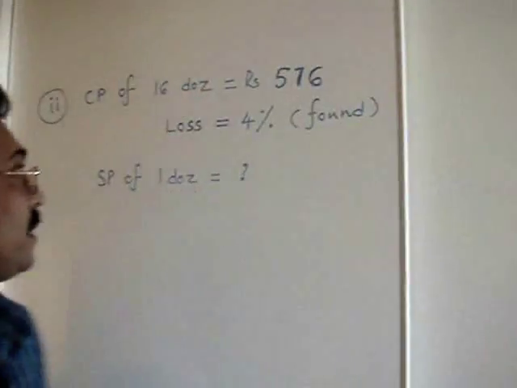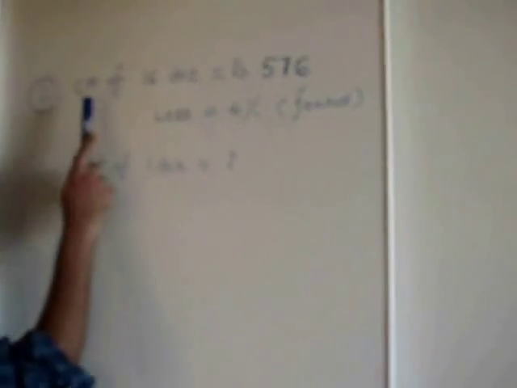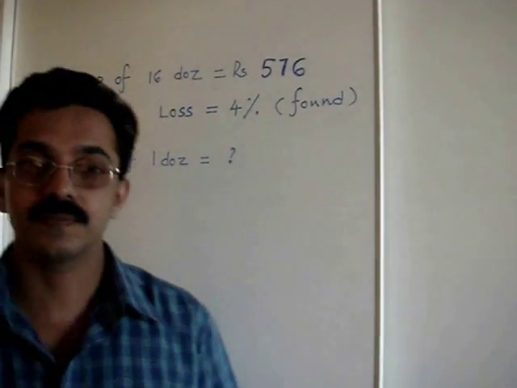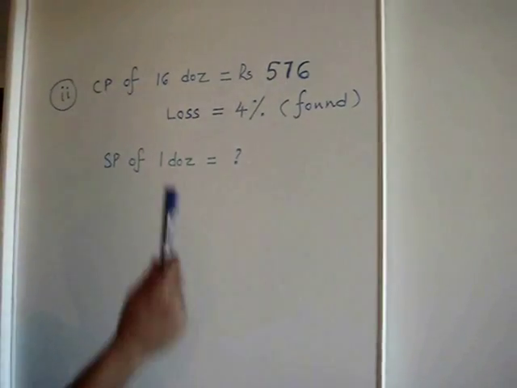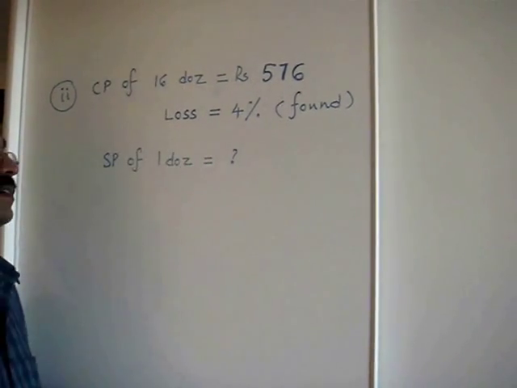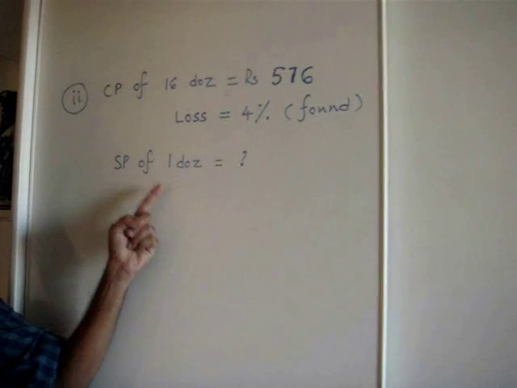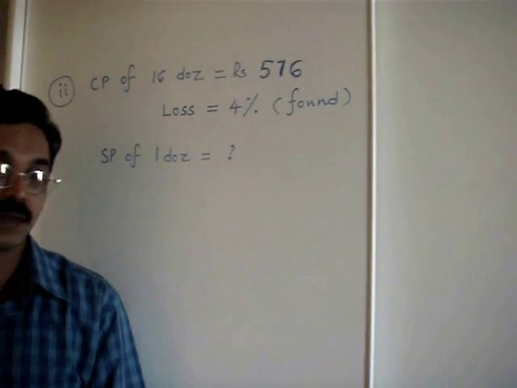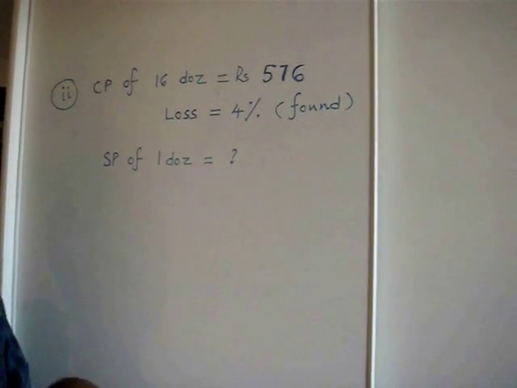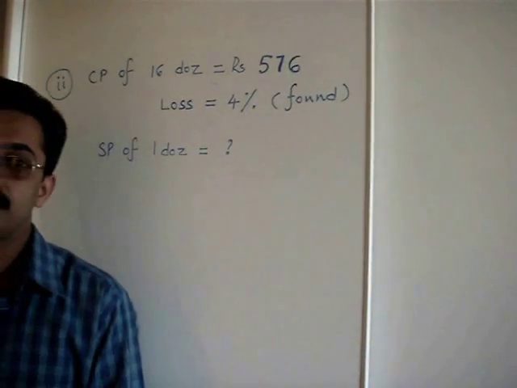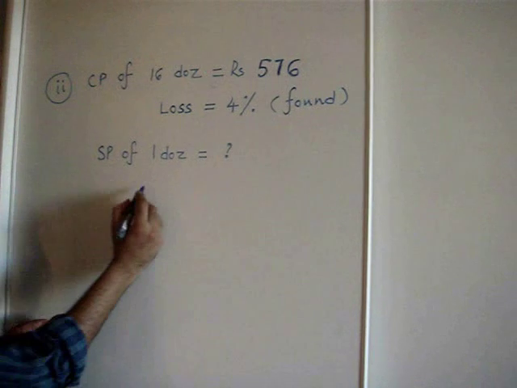Right. In the second part, it's given that CP of 16 dozen ball pens is 576 rupees. And in the first part we found out just now, loss is 4%. Now the question is, what is the SP of 1 dozen ball pens? For this, first we try to find out what is SP of 16 dozen ball pens. We know already the formula for SP.